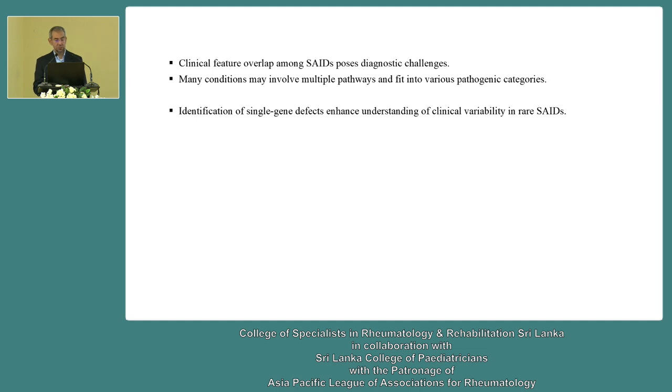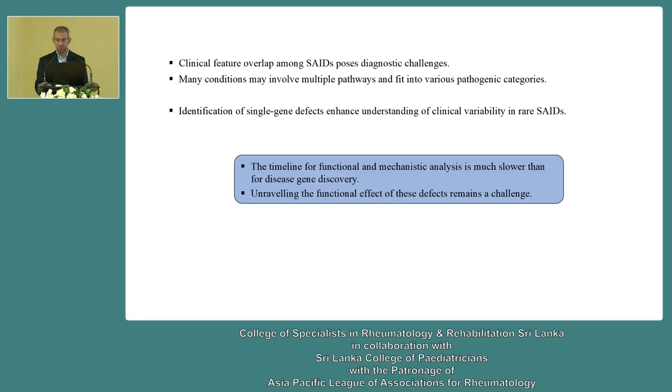So identification of a single gene defect enhances understanding of clinical variability in rare systemic autoinflammatory disease. Given the complexity of these diseases, the diagnosis still represents a challenge, and probably the first step, as I said, is clinical suspicion guided by the hallmarks of the disease.